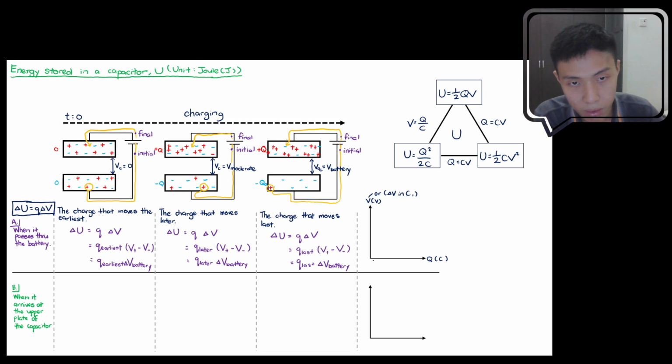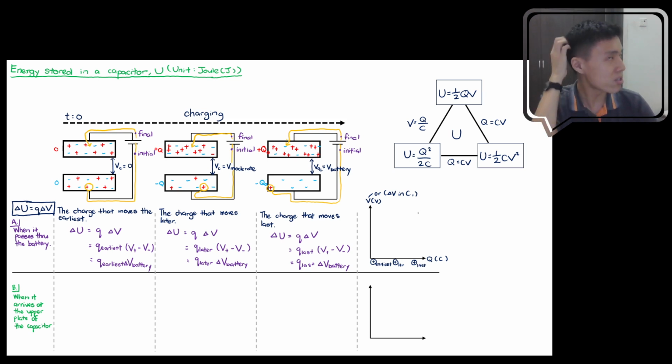So I can imagine that this is the charge that moved the earliest. This is the charge that moved a bit later. And then this is a charge that moved last.